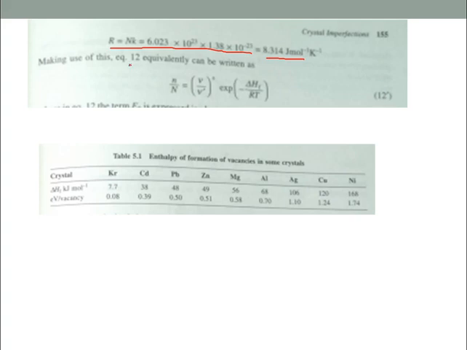Okay, and these equations are very much equivalent to the relations that we studied in our thermodynamics class, that is n by N is equal to nu divided by nu dash whole raised to x exponential of minus delta H divided by kT.